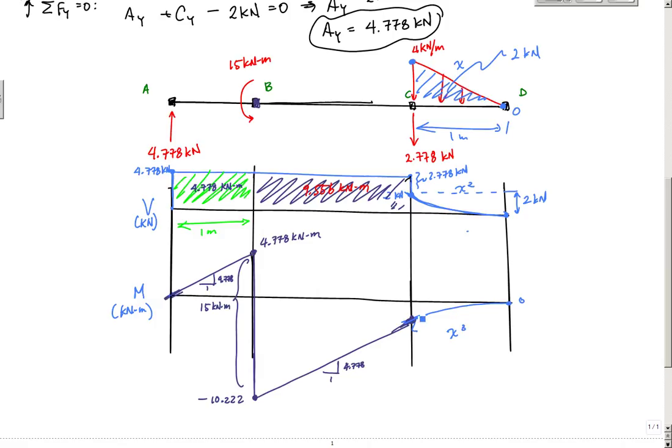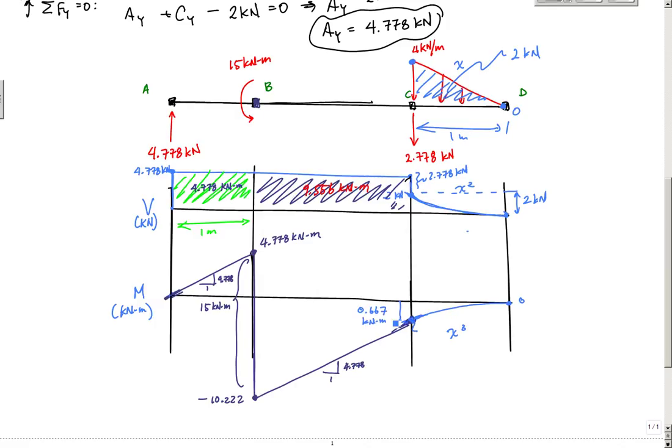And by the way, this value, 10.22 minus 9.556, the magnitude here is 0.667 kilonewton meters.